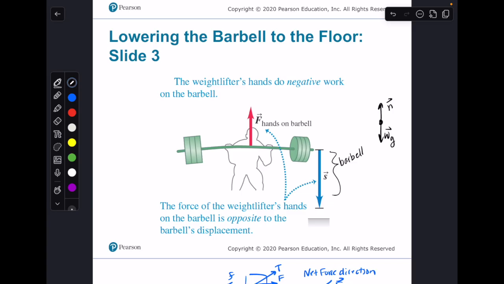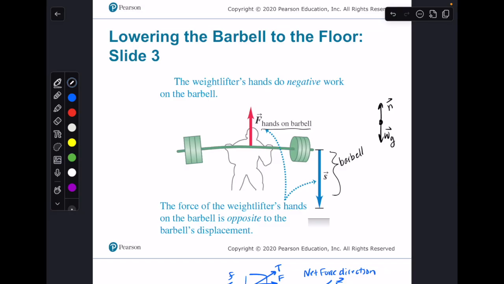That normal force is the force of the hands on the barbell, and that vector is pointing up. So with that vector pointing up and the barbell moving down, the weightlifter's hands do negative work on the barbell. That's because the force of the weightlifter's hands on the barbell is opposite to the displacement direction.